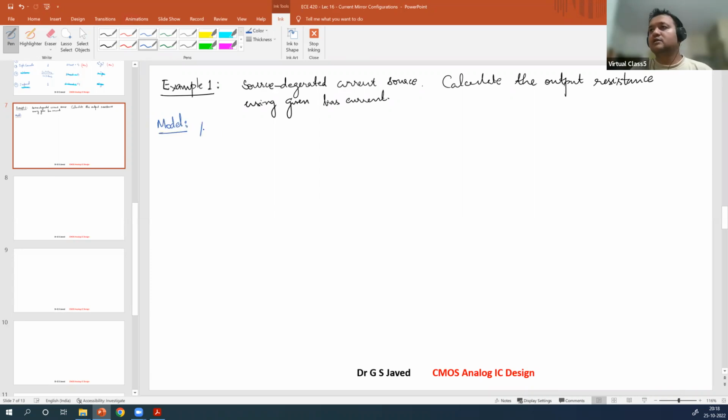The model is mu n Cox equal to 110 microampere per volt square. Lambda is equal to 0.04 per volt, and this is defined for L equal to 1 micrometer. If you go to half or twice the length, you will vary your value slightly. So it is 1 for L equal to 2 micrometer.